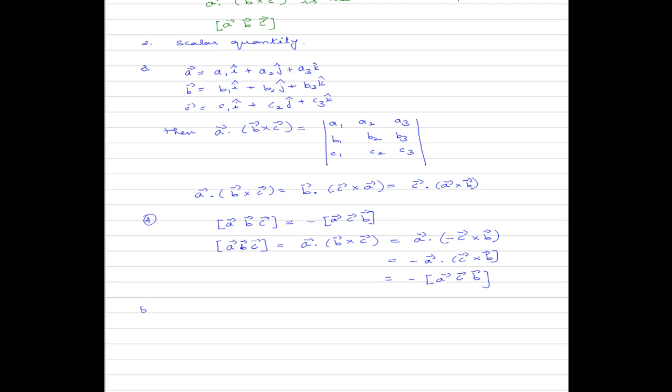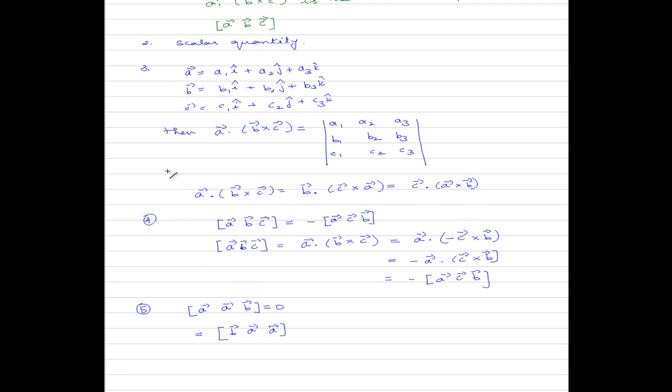Similarly, the fifth property says that A vector, A vector, B vector is equal to 0. So whenever two vectors in this are the same, it becomes 0. So how to prove this? Very simple. This is according to the cycle. It can also be written as B vector, A vector, A vector, because we saw that ABC can be written as BCA, which can also be written as CAB.